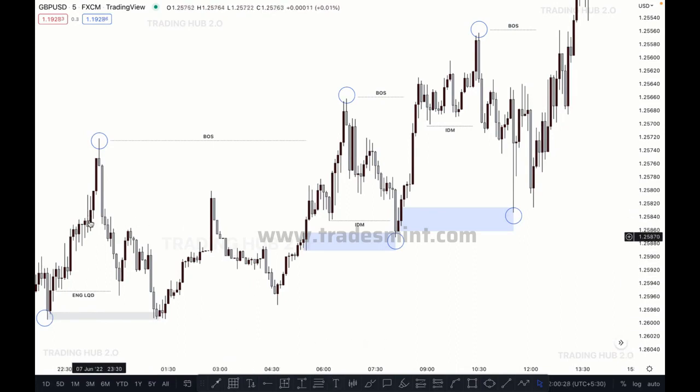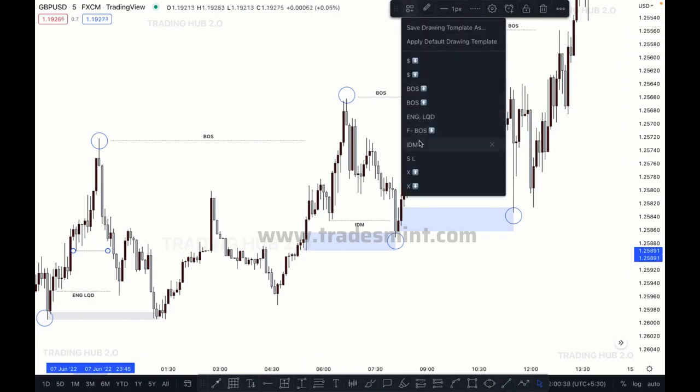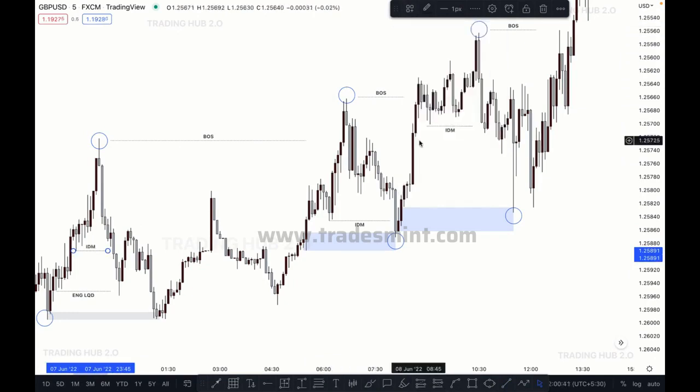And in this case, where is your first inducement? As you can see here, this low acts like an inducement, right? So this one is your inducement, and this point indicates the engineering liquidity, correct?